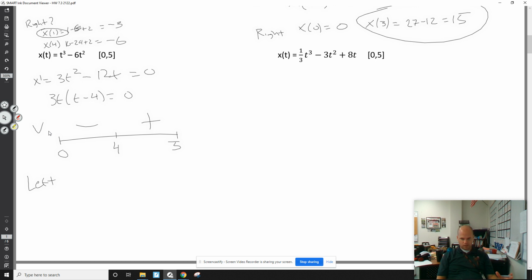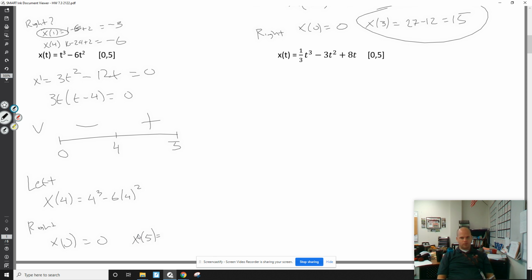I wish I gave you better examples. X of 4 obviously is going to be when I'm furthest left. It's 4 cubed minus 6 times 4 squared, wherever that is. When am I furthest right? It's either at 0 or at 5. X of 0 is 0.